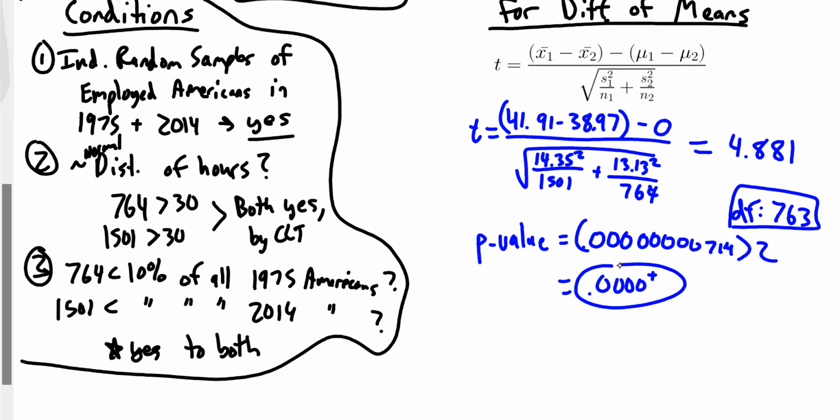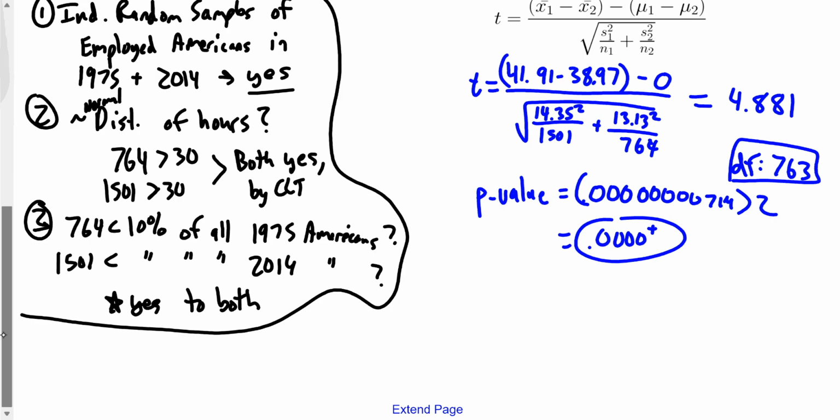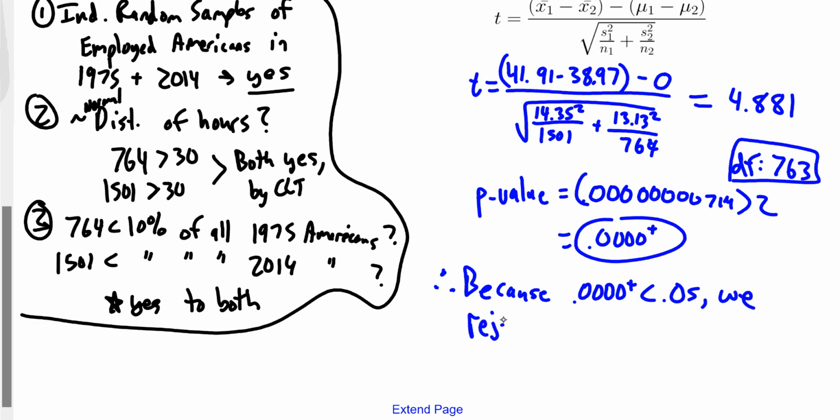Either way, it's really small. So because it's so small, we're going to reject the null. It's less than 0.05. That's what it said to test at. We reject the null.